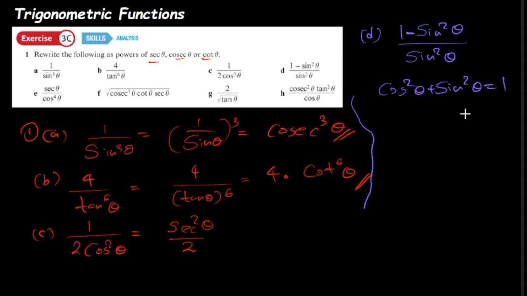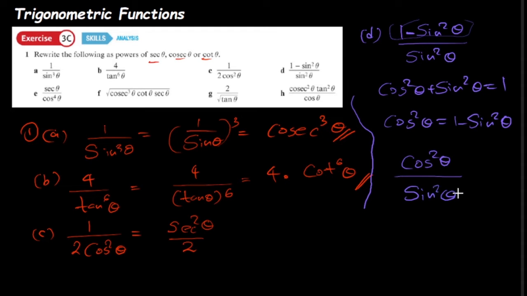If I take sine square theta to the other side, I get cos square theta equals 1 minus sine square theta, which means instead of this part I can write cos square theta. So it's going to be cos square theta divided by sine square theta.